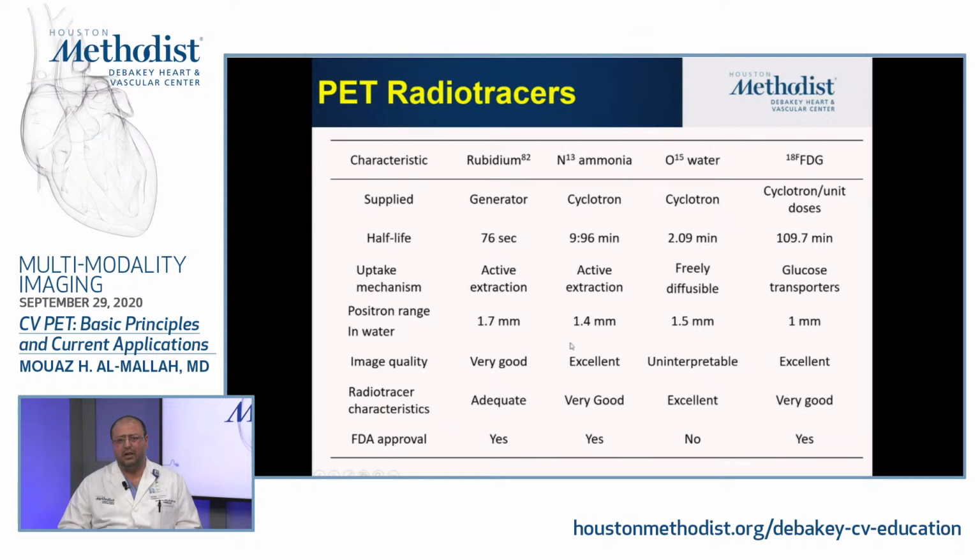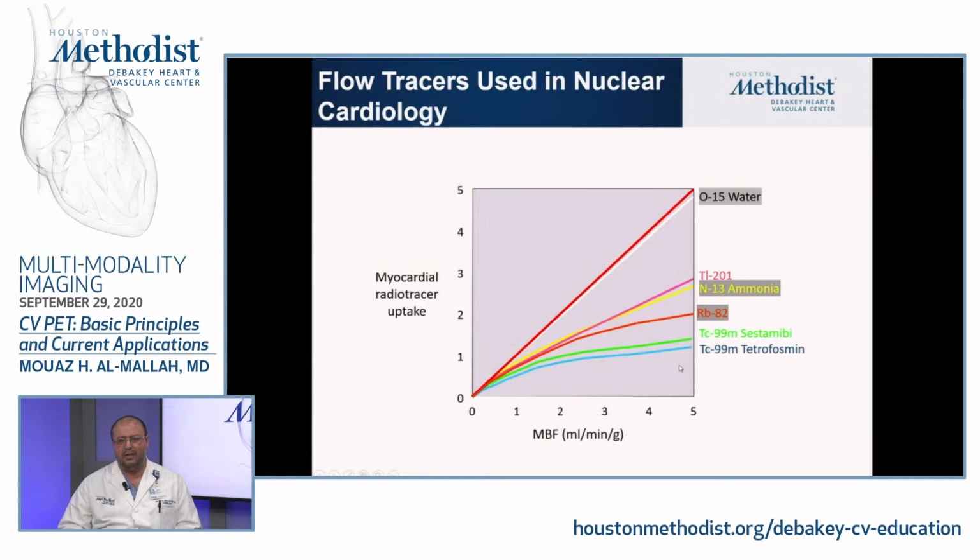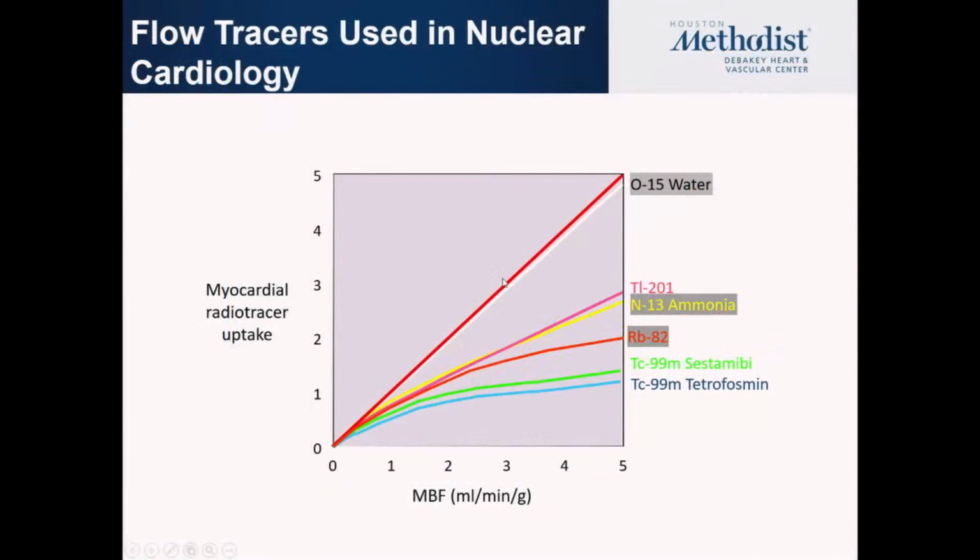The other thing we're going to talk about is the issue of uptake. With uptake, the most linear one is O15 water. So even a 50% lesion, which reduces the blood flow, let's say from 5 to 3, will result in a reduction in uptake or a reduction in flow by O15 water. While the other ones, which are the more commonly used ones, N13 ammonia or rubidium or others, have a roll-off effect, which Dr. Memanian also covered last week.